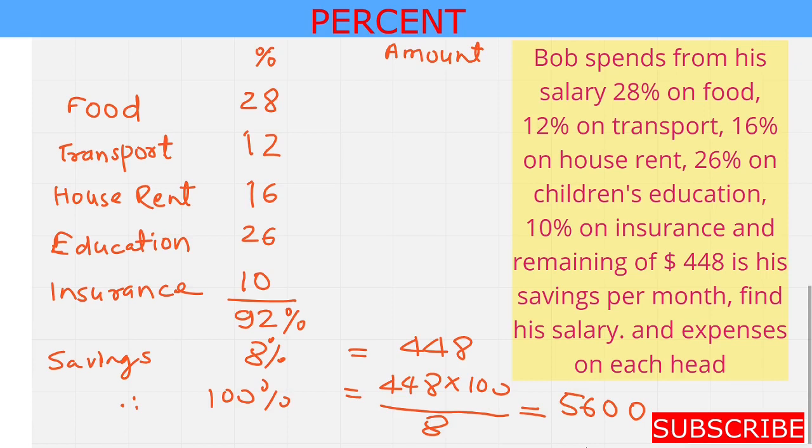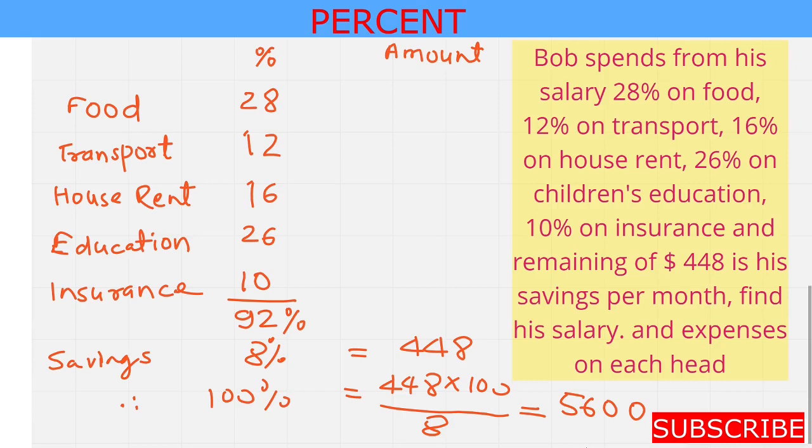Here you will learn how I calculate the percent very fast. On food, Bob is spending 28%, and we have to find 28% of 5,600. So first we will find 30%, and 56 times 3 is 168. So that will be 1,680. Now this is 30%.